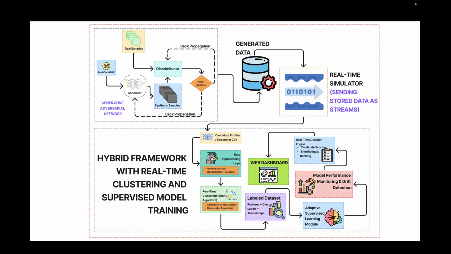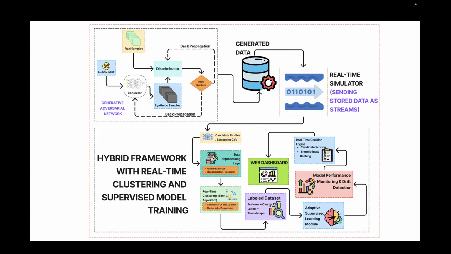We took that data as real-time streaming data into our hybrid framework, where initially it tried to add labels to the data, and the moment it added labels, it performed adaptive learning using supervised classification techniques, just to classify the CVs into a few classes, like class 1 CVs, the best candidates, class 2 CVs, the second level best candidates, class 3, and so on.